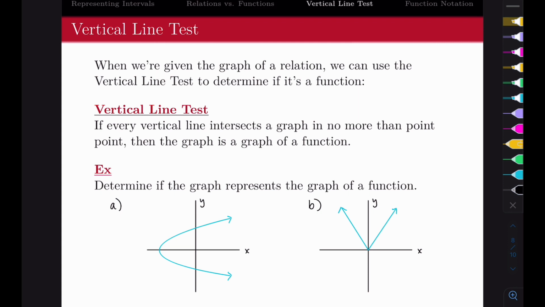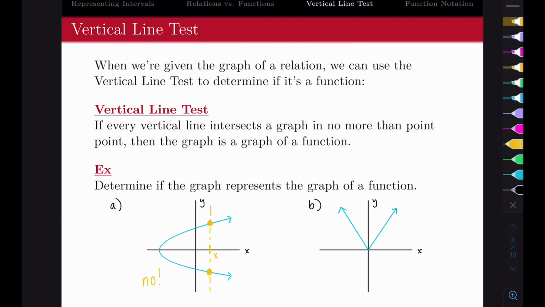So looking at this first one, here is my x value that I pick. If I go ahead and graph a vertical line, this would be x is equal to this number. This x value has two different output values. So my vertical line has hit the graph in two spots. So this is not a function.